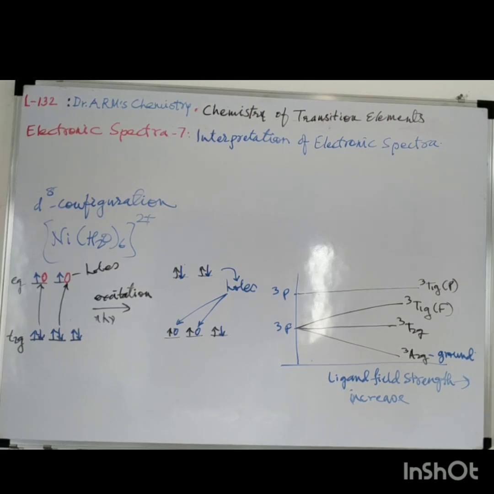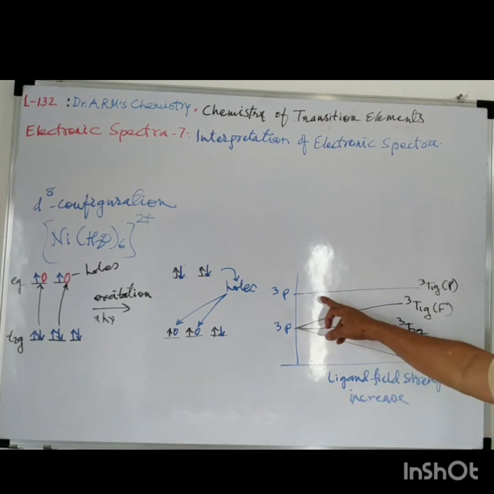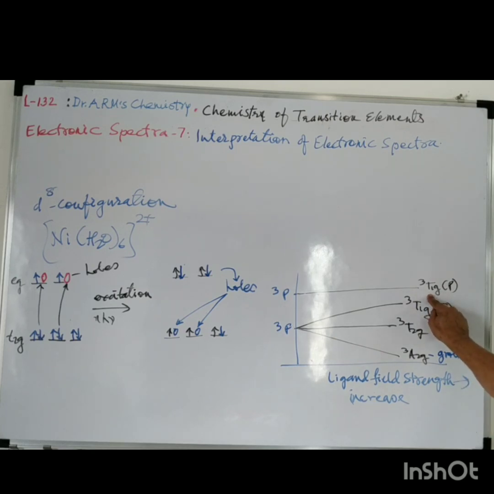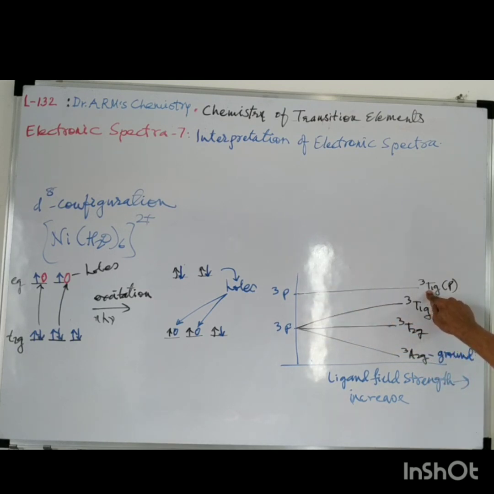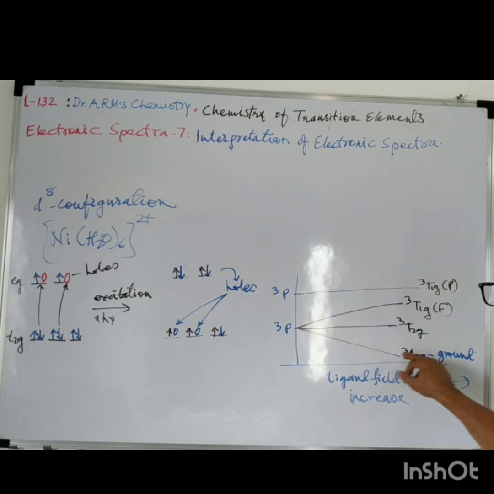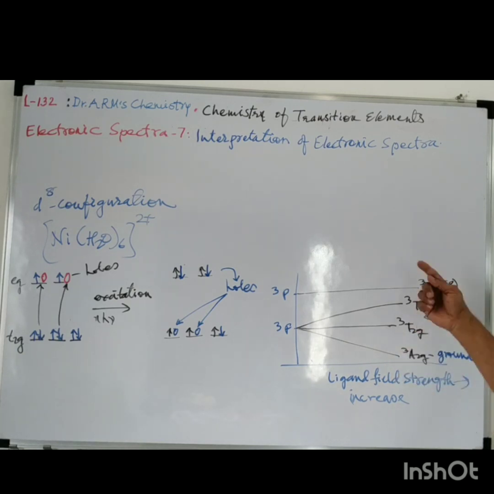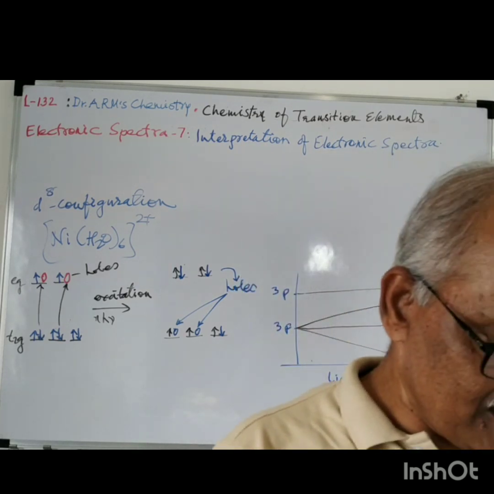This will show that the P state is not split and it is not inverting. This P state is not split, so there is no question of inversion. It remains the same, but it is simply transformed into the triplet T1G of P. But this F state, compared to the previous case, is inverted. So the A2G level comes down, and this T1G, which was the ground state in the previous case, comes to the excited state, that is the high energy level.